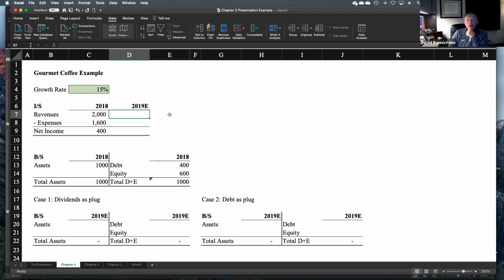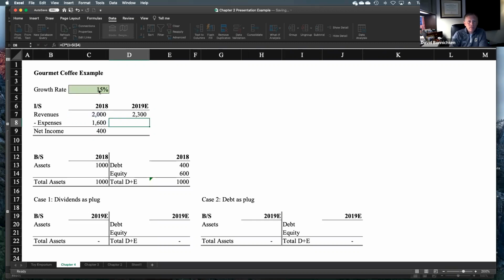It's pretty straightforward how we do it within Excel, and it'll save you a lot of time if you understand how to use Excel properly. If we want to project 2019 revenues with a 15% growth over 2018, it's nothing more than what we did in 2018 times 1 plus whatever our growth rate is.